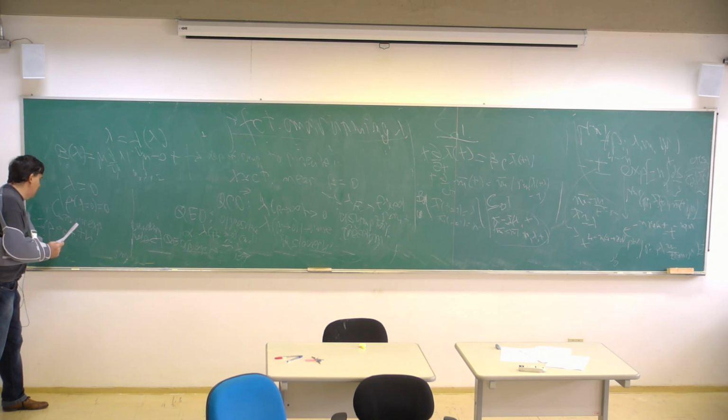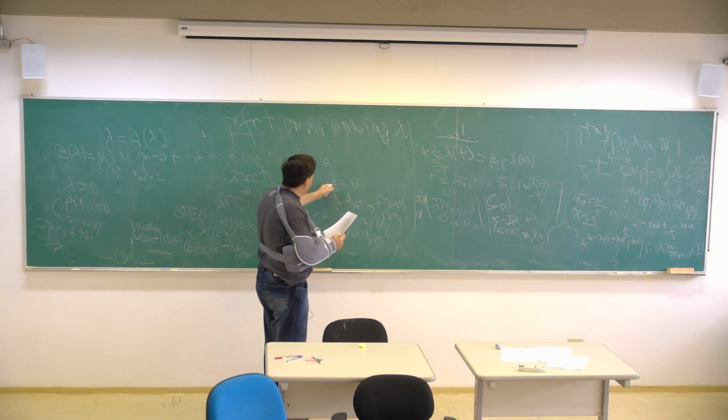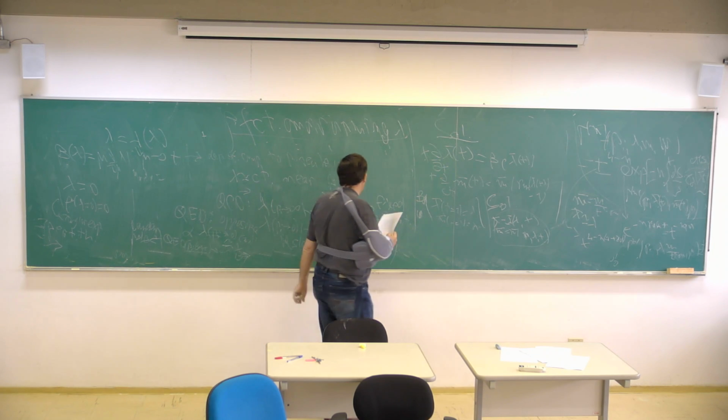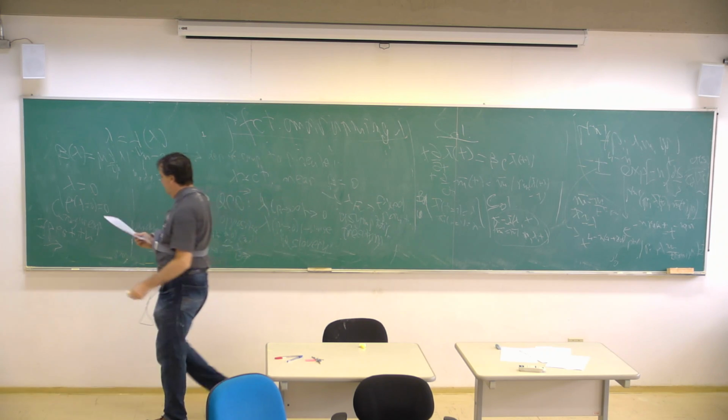And then, according to this definition, if beta is equal to 0, then I have a fixed point where lambda is approximately constant.